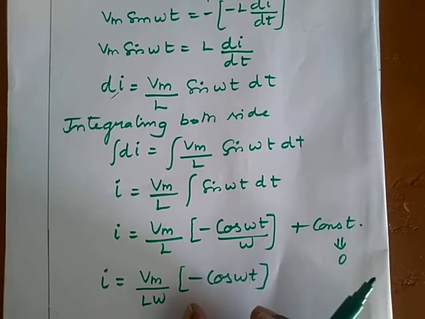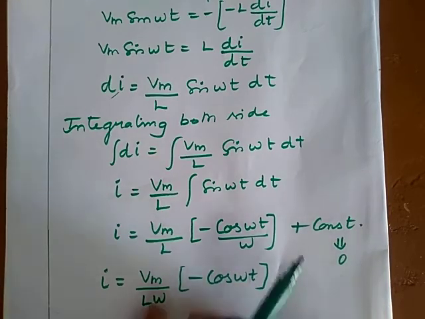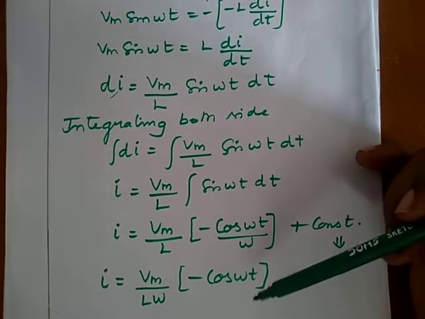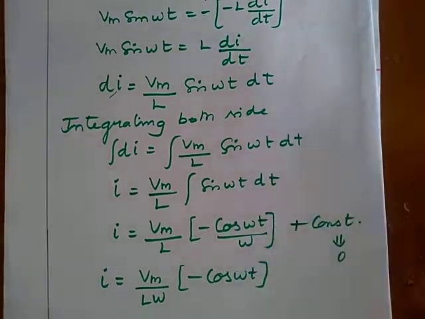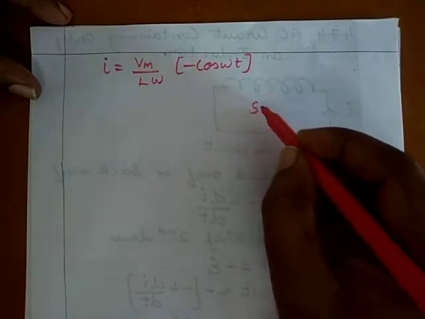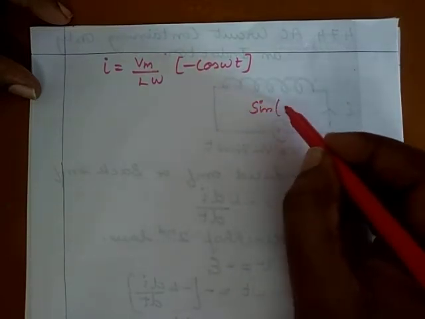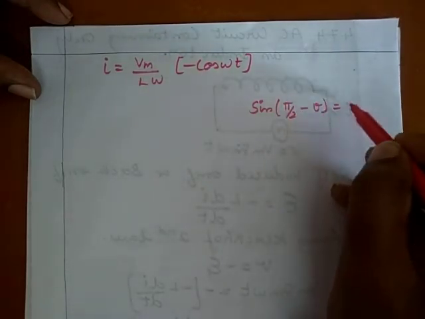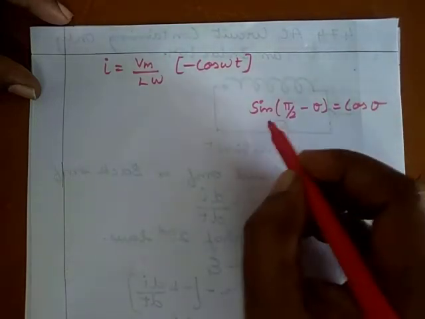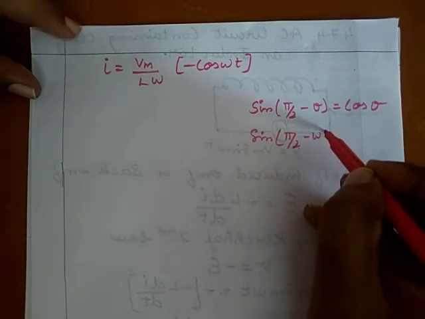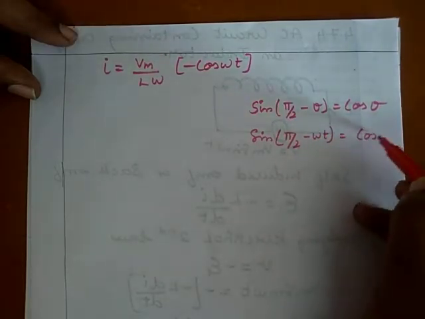We can write this cos omega t in terms of sin, because we need the equation in terms of sin. We know sin(90 minus theta), that is sin(pi/2 minus theta), is equal to cos theta. So sin(pi/2 minus omega t) = cos omega t.